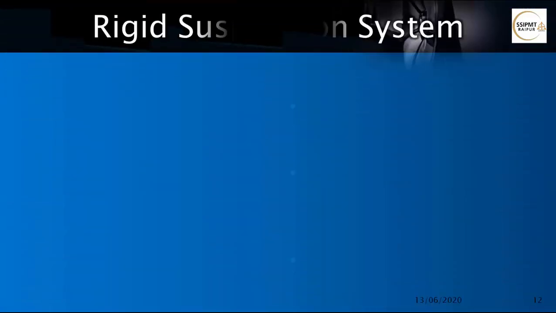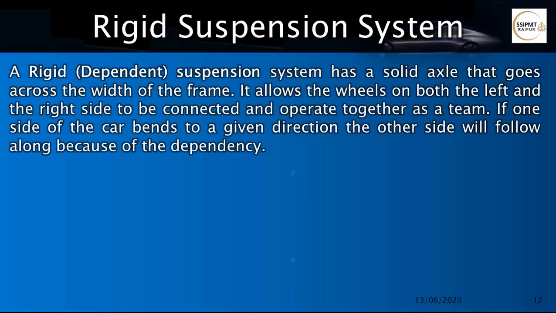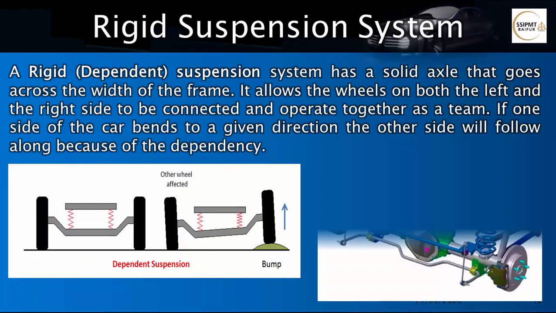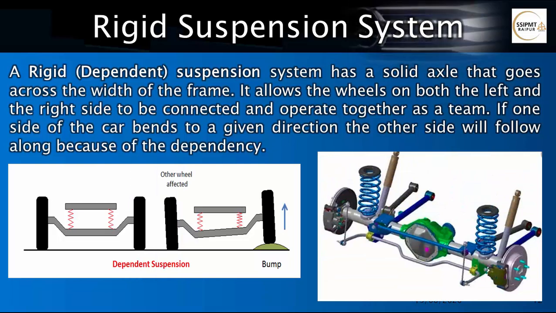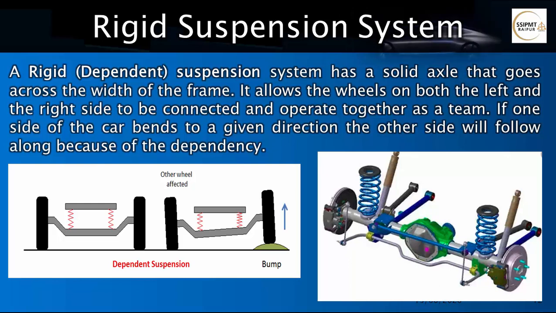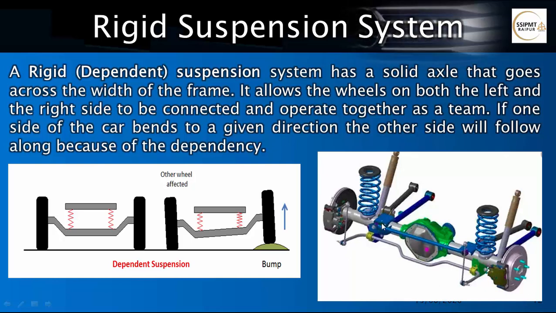Let's see the rigid suspension system. A rigid or dependent suspension system has a solid axle that goes across the width of the frame. You can see here a single solid axle that goes across the width of the frame.